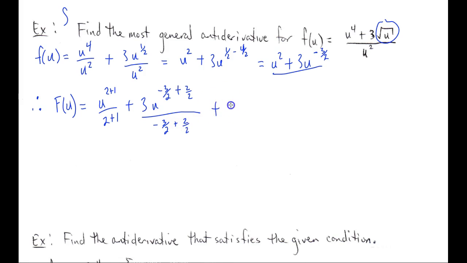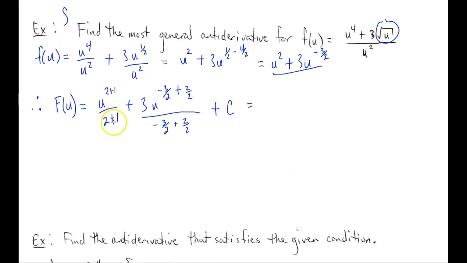And then of course at the end here I put the plus c, and I have to have the plus c at the end to show that I have the most general antiderivative. If you don't put the plus c there, then your answer is incorrect.